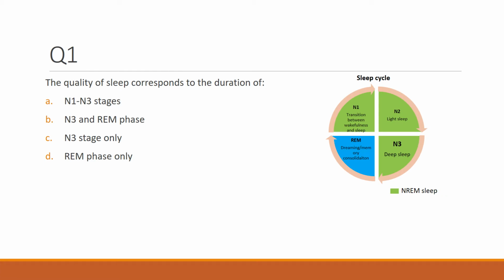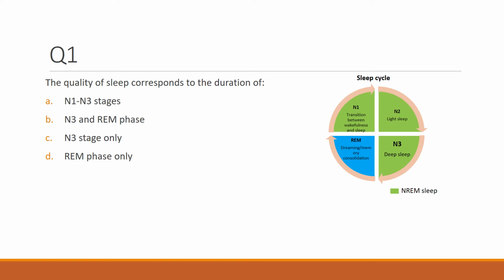The first question is, the quality of sleep corresponds to the duration of N1 to N3 stages of sleep, N3 and REM phase, N3 stage only, or REM phase only.